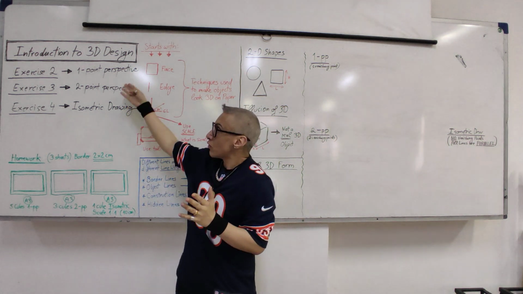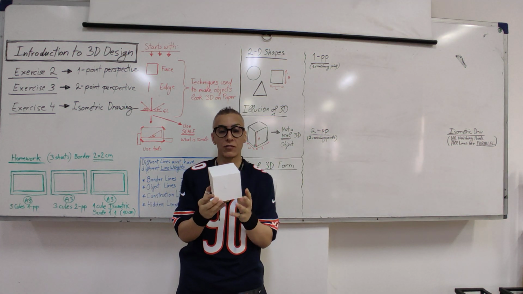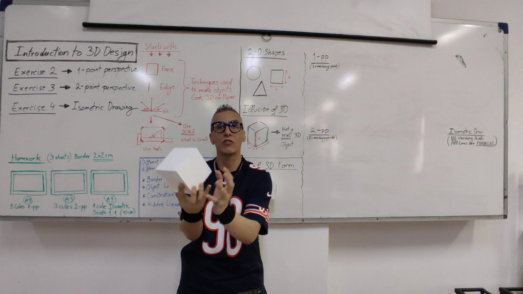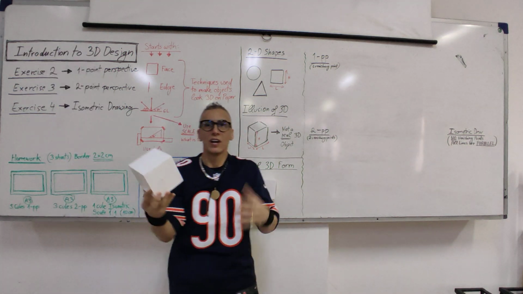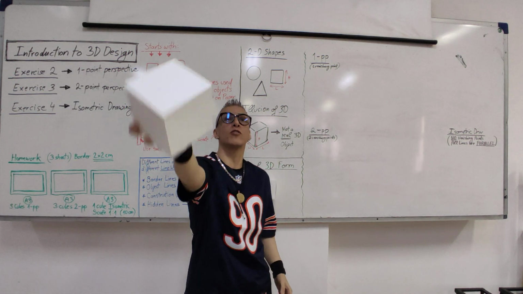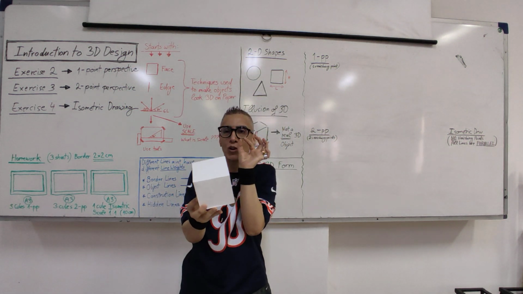Now, these methods show how an object, let's say this object, starts to appear smaller and smaller as it goes far away from us. If I'm standing here and this goes towards the horizon over there, the farther it goes, the smaller it will look.